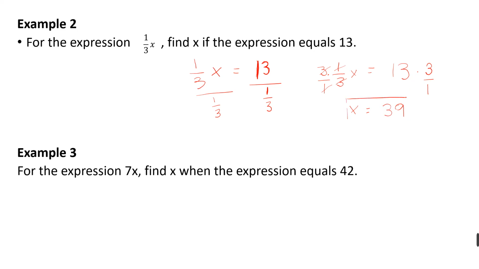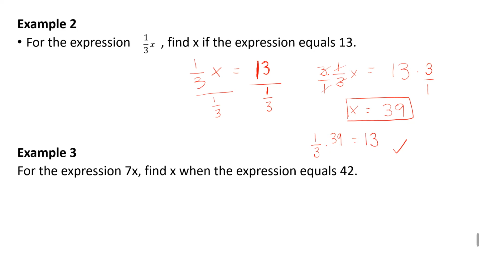X equals 39. If you were to plug 39 back in, you would be doing 1/3 of 39 is 13. Hopefully you're on board with that fraction math, but if not, you need to definitely ask further questions.